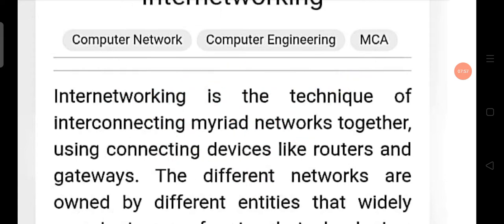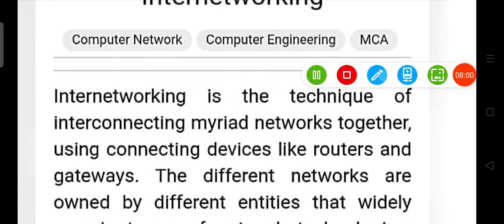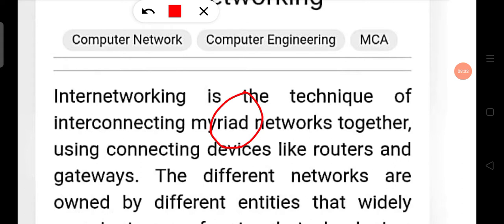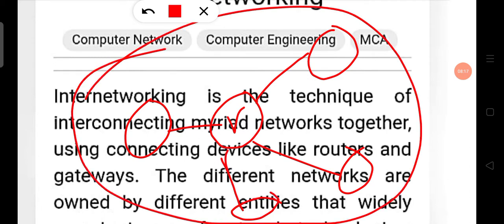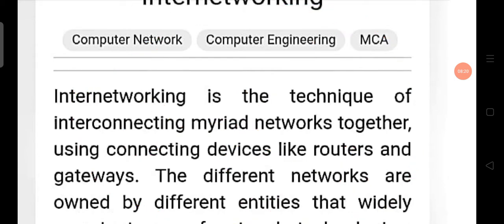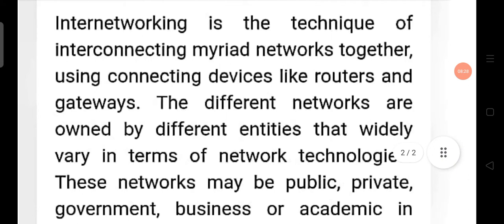Let's say we use a router. This is the router, and this is one network, and this is one network, and this is one network, and this is one network. In this manner, this whole is called internetworking. So connecting many different networks into one network is called internetworking. Now the different networks are owned by different entities that widely vary in terms of network technologies.